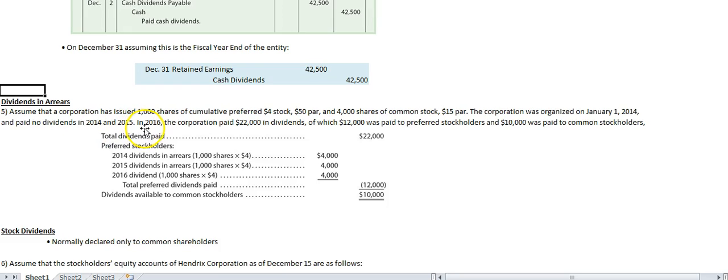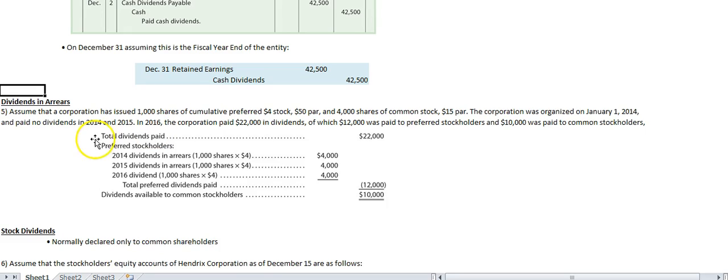In 2016, the corporation paid $22,000 in dividends. So it didn't pay $4,000 to the preferred shareholders in 2014. It did not pay $4,000 to the preferred shareholders in 2015. In 2016, it finally pays, but that year, the preferred shareholders also have a right to another $4,000.